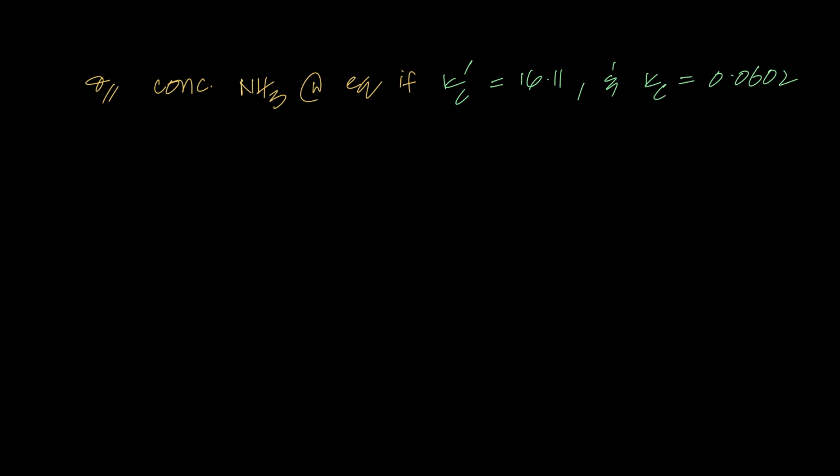And the concentration of nitrogen is 0.922, and the concentration of hydrogen is 0.763. Can you calculate the concentration of NH3 using Kc values? Absolutely we can. Now it's time for reverse working.